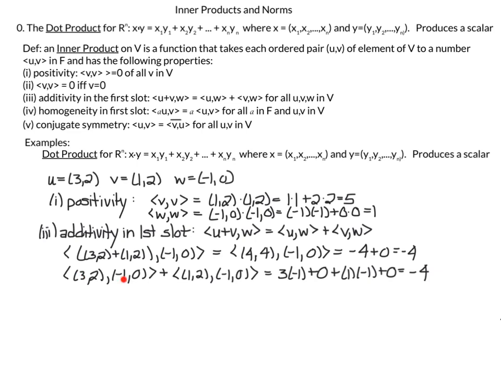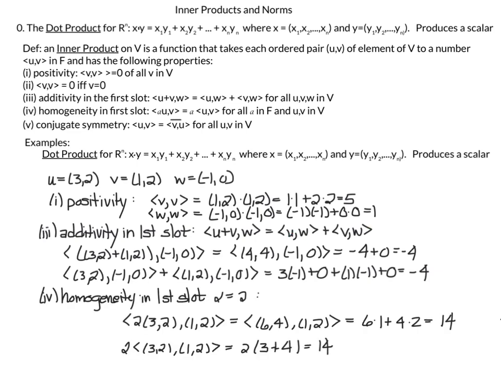Here I get 3 times -1 plus 2 times 0 plus 1 times -1 plus 2 times 0, which also gives me -4. So both sides of the equation, that is the inner product of u plus v with w, is equal to uw plus vw.